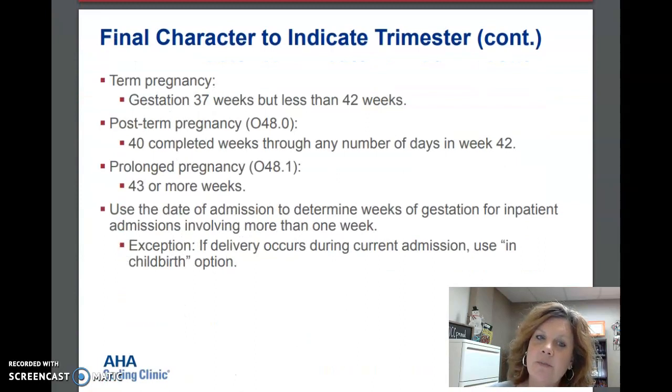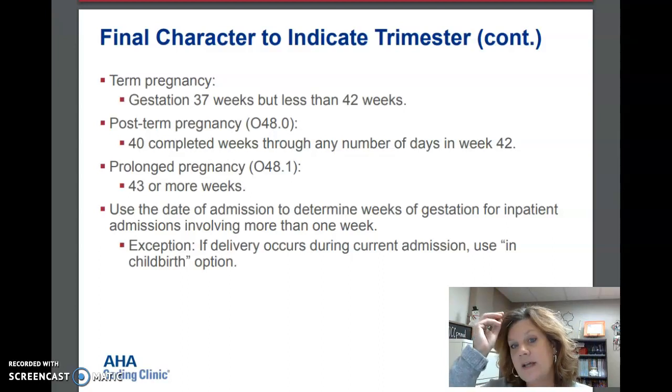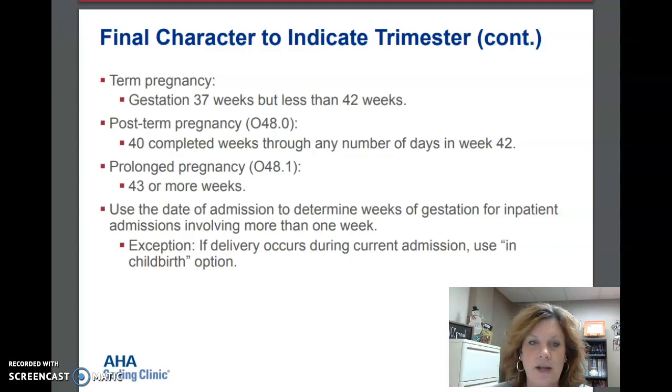Here are a couple of things. A term pregnancy is one that reaches a gestation of 37 weeks but less than 42 weeks. Post-term means the mother went over: 40 completed weeks through any number of days up to 42 weeks.